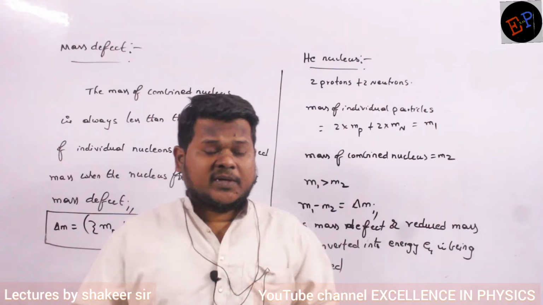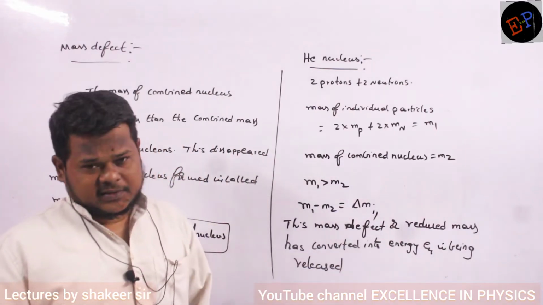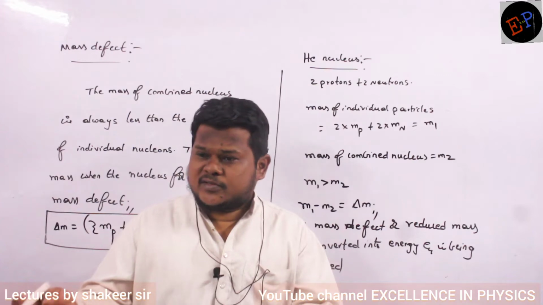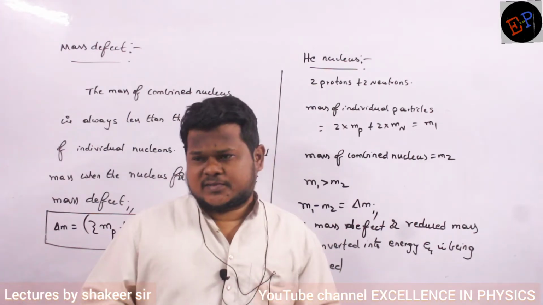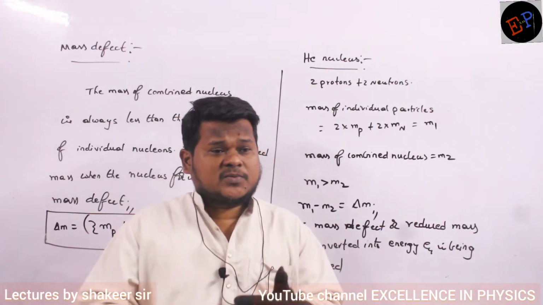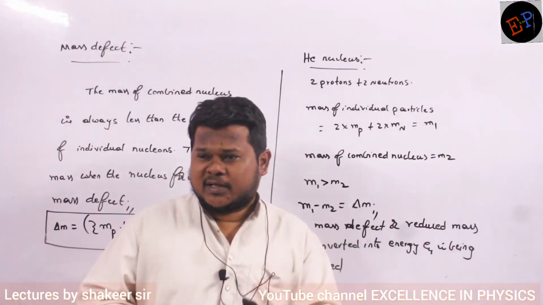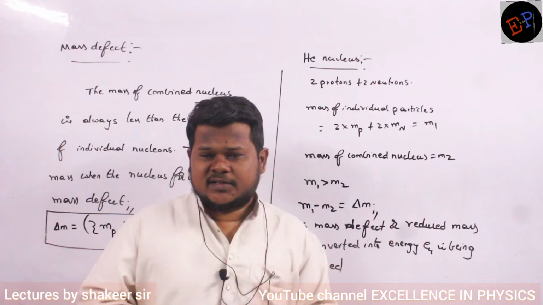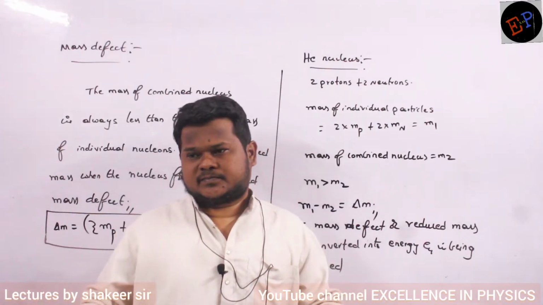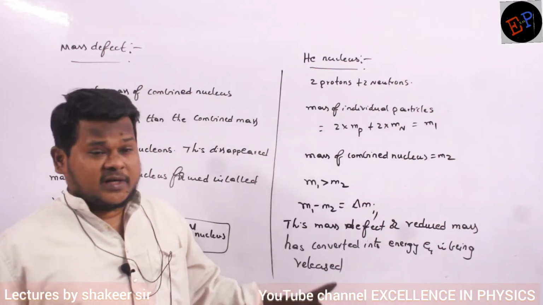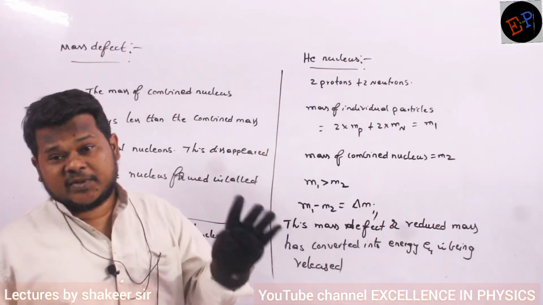It is only because of this mass defect. Some of the mass has converted into energy and it is released. So when these protons and neutrons lose some energy, by converting some of their mass into energy, they become stable. Stability is obtained only because of release of energy.